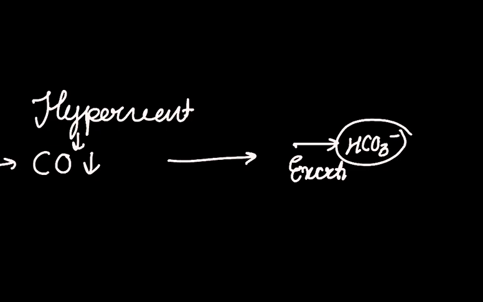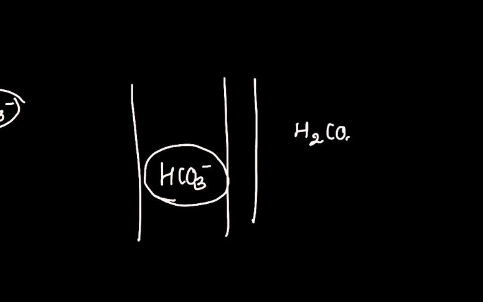Okay, now let's see what happens in the central receptor. Because HCO3 minus starts being excreted, or sometimes the H plus is reabsorbed, altogether the concentration of HCO3 minus would decrease. So in the CSF we have H2CO3, which forms H plus and HCO3 minus.